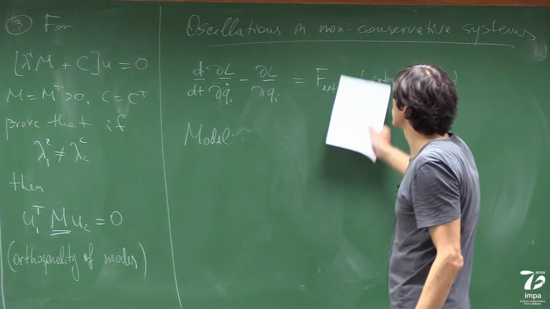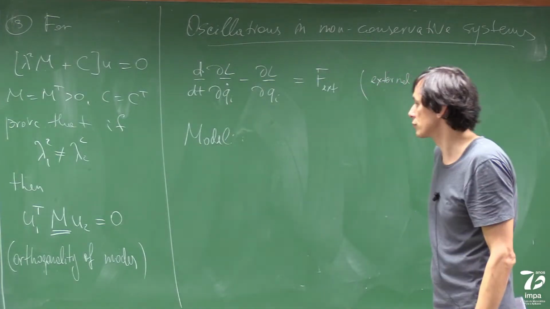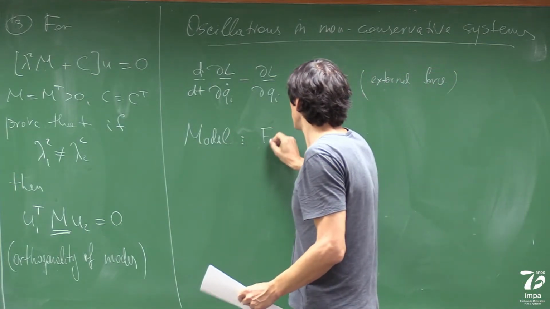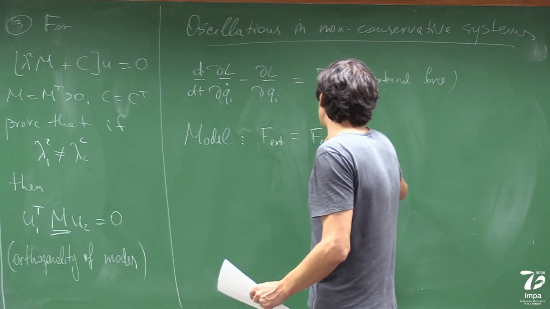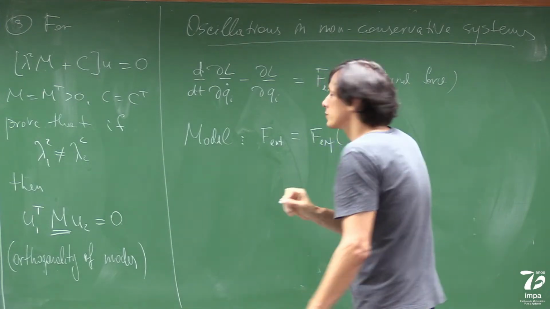A model means that you define this force in terms of the coordinates of the original system. So we'll consider a class of models where this external force can be expressed as a function of coordinates and velocities.